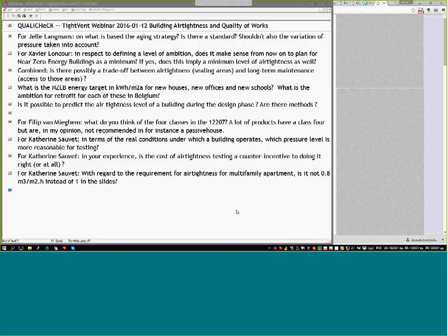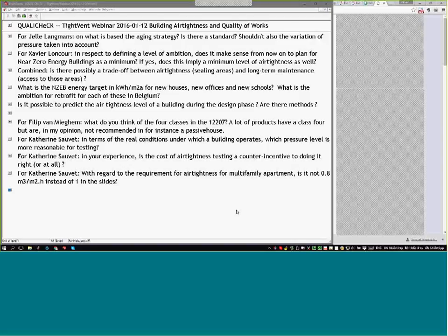Okay. And then yes, with regard to the requirements for family apartments, is it not 0.8 instead of 1 in the slides? I think this is due to the fact that it has changed between the BPCF energy label and the RT 2012, right?